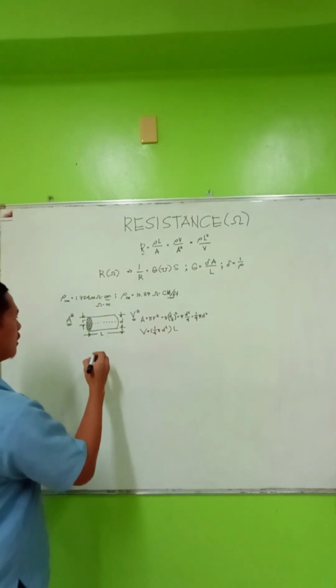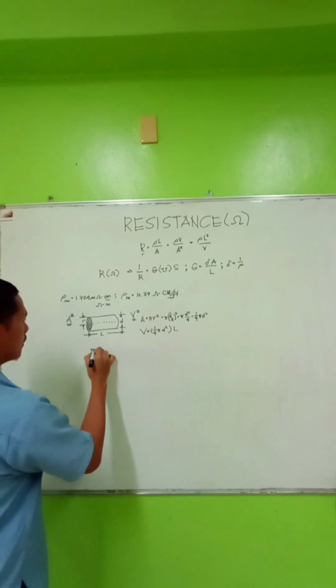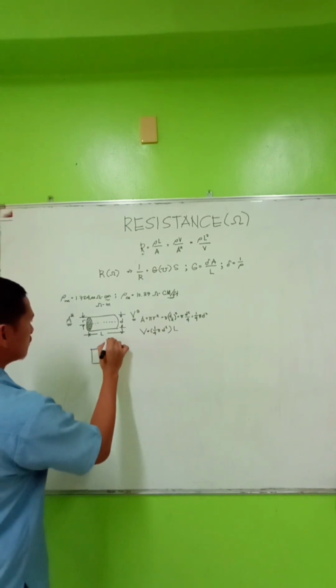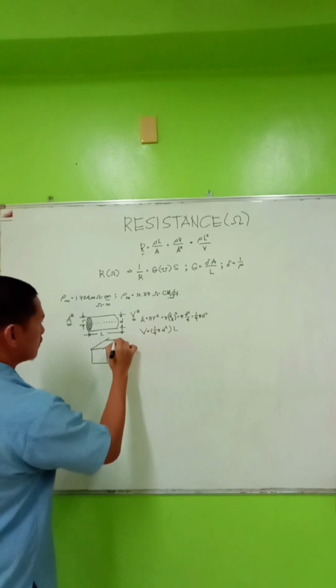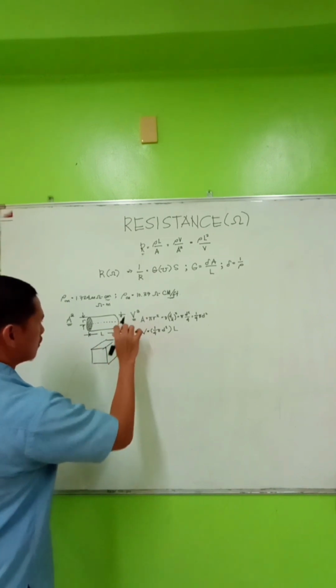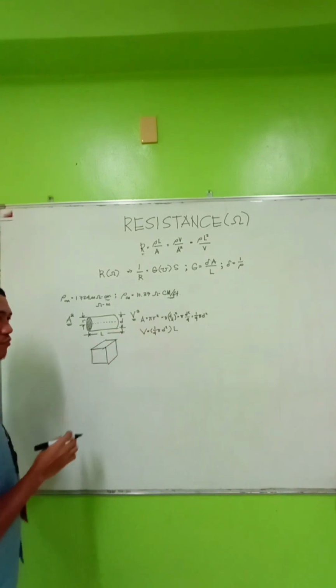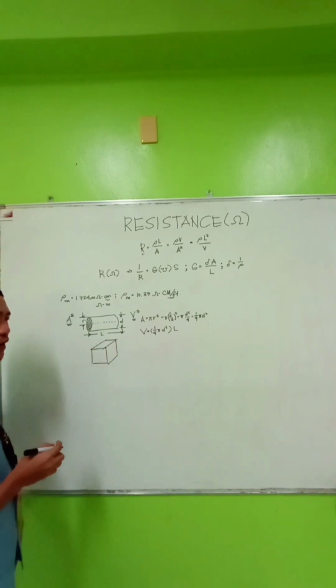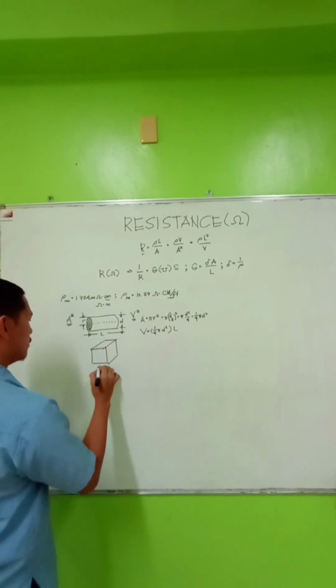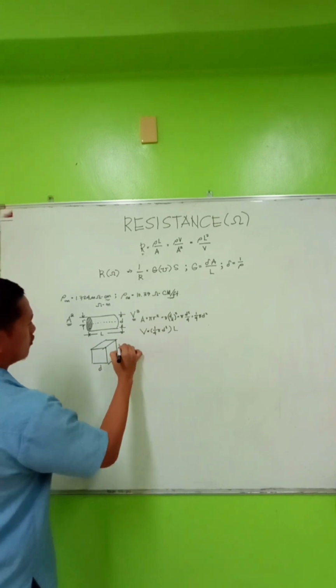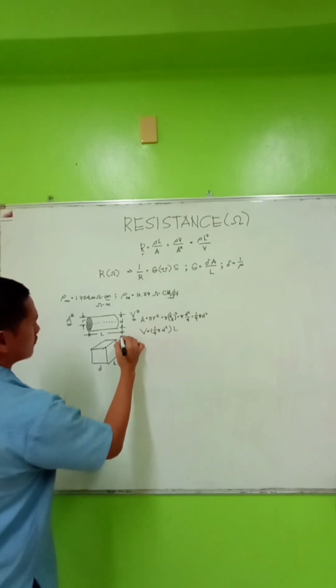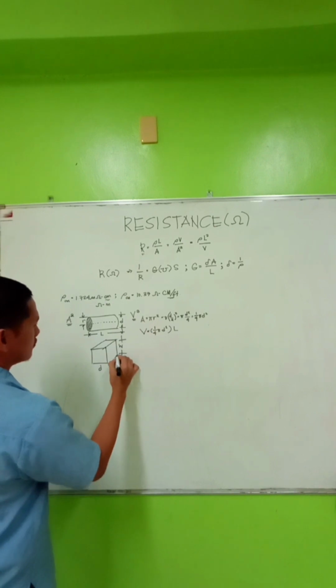If you are given a cube, we all know that a cube is all equal on each side. So your depth, your length, and your width. Okay?